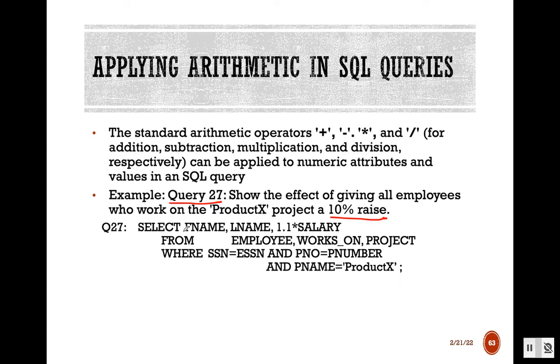So we can select the attributes like that, fname, lname, and another attribute with an arithmetic operator, 1.1 times salary, from employee, works on, project, where the condition holds. That will give us the value of the salary if they get a 10% raise.